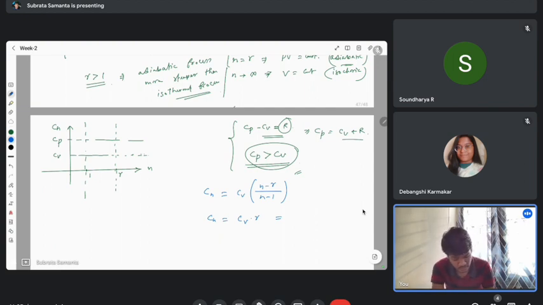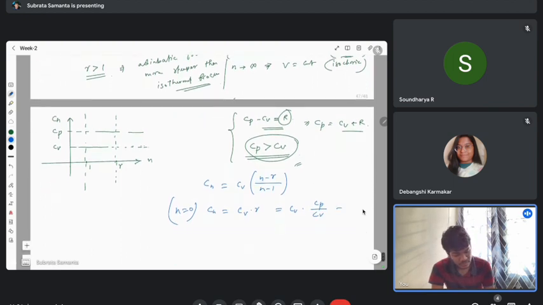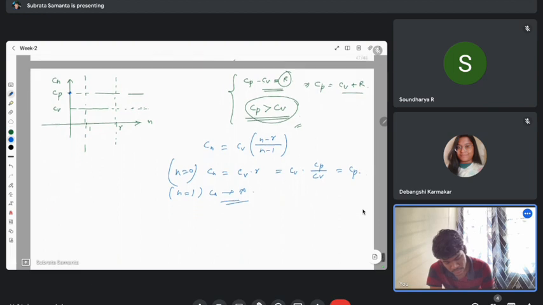And gamma is Cp by Cv, the ratio of Cp by Cv gives the adiabatic index gamma. So this is Cp. So at n equals 0, we start at this point Cp, and at n equals 1, Cn goes to infinity, diverges, right?